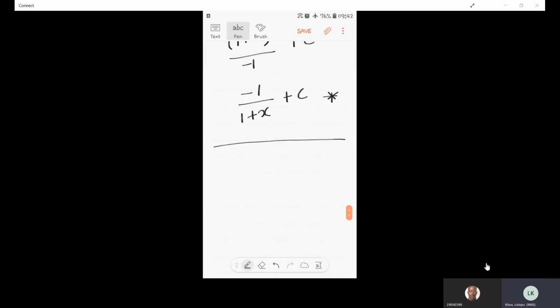Okay, then we look at number 11. The integral of the square root of x squared plus 10x plus 15 multiplied by x plus 5, with respect to x.